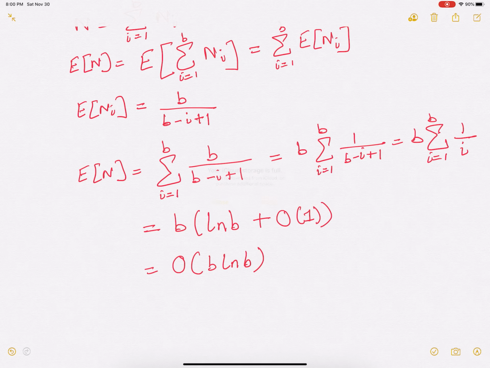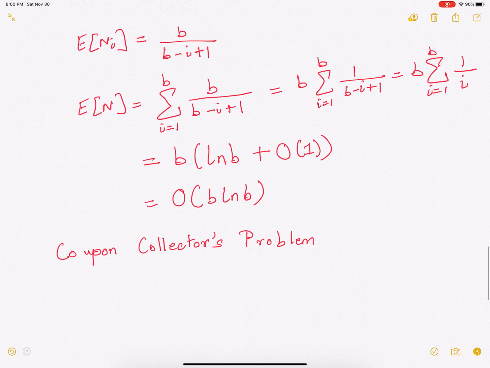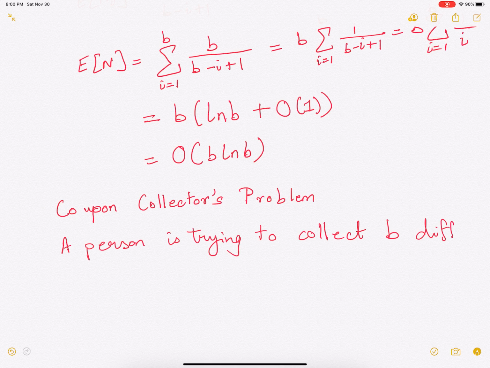Okay. Now this problem is called the coupon collector's problem. Okay, and why is this called so? So you can say that a person is trying to collect b different coupons. So the person is trying to collect b different coupons, which correspond to the b bins here.